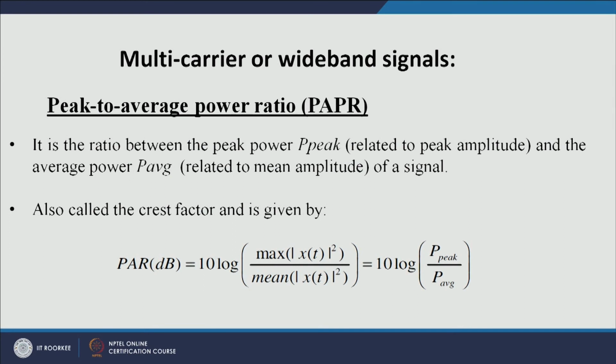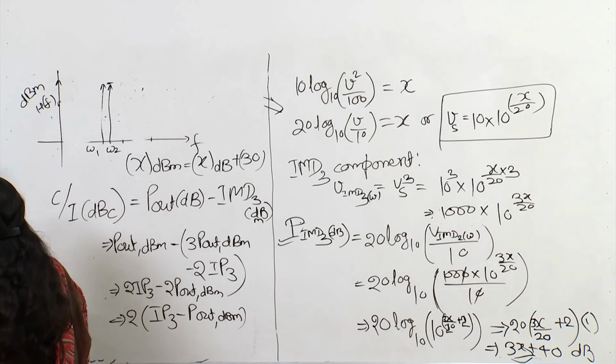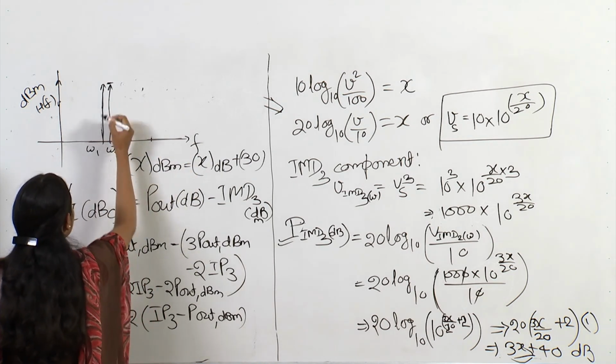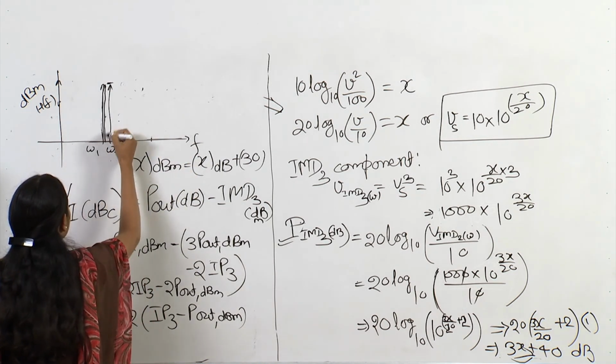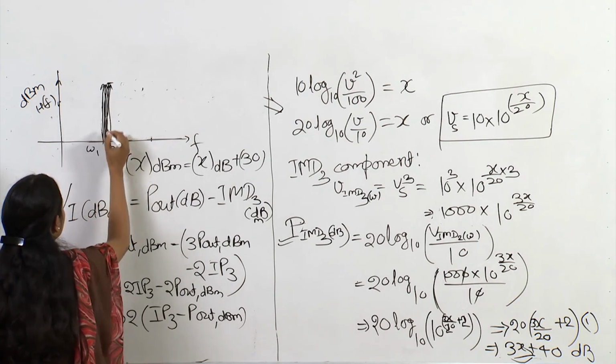Now, we have discussed till now single carrier signal and two tone signal. Now, let us move to the multi carrier or wideband signals. When we are having two tones, we have seen that we have some of the IMD components. Now, let us assume it is multi-tone, and multi-tone in a way that the tones are quite nearby. So many carriers in this small space, a multi-carrier, multi-tone system.